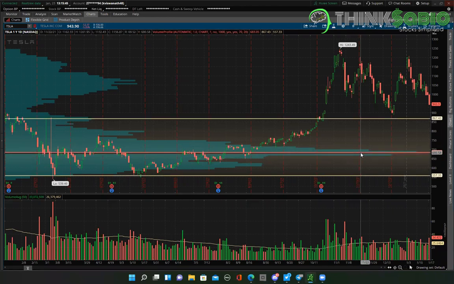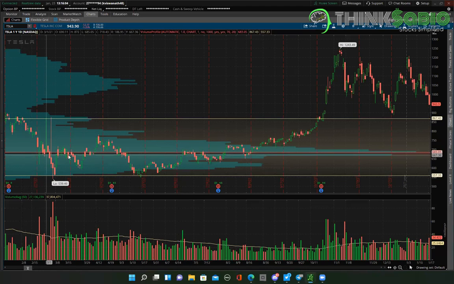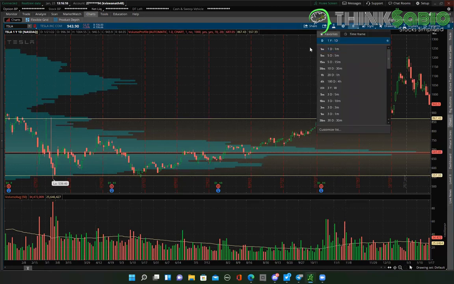And this right here is called POC. That's called the point of control, or price of control, as some people call it. So this red line right here plots automatically. That means at this price point, $680.58 is where you have the highest volume on Tesla in the last 1 year, because this is a 1 year, 1 day chart.